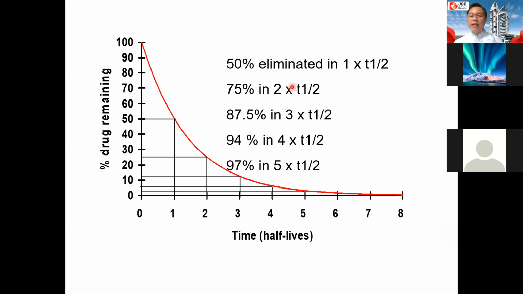After the second half-life, the remaining 50% becomes 25%, so 50 plus 25 is 75. After 3 half-lives, 25 divided by 2 is 12.5, so 75 plus 12.5 is 87.5 eliminated. At 4 half-lives, about 94, and at 5 half-lives, 97.